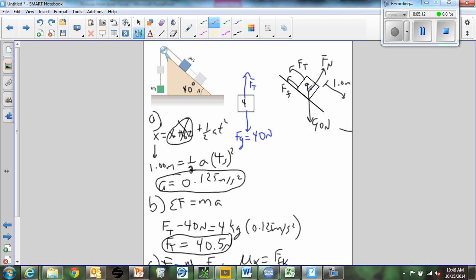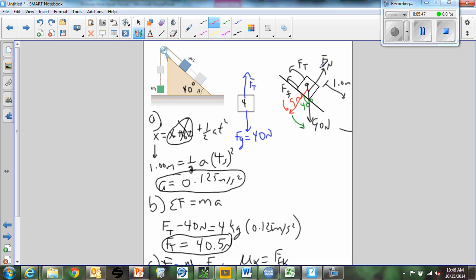Something we have to realize is that the gravitational force breaks up into two parts. One part is perpendicular and one part is parallel to the incline, pointing downhill. This angle right here is 40 degrees. So this red part is going to be 90 times cosine of 40, which is 69 newtons.